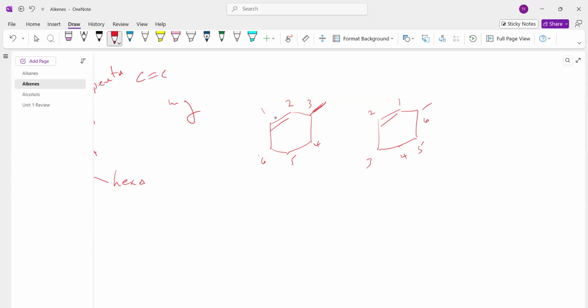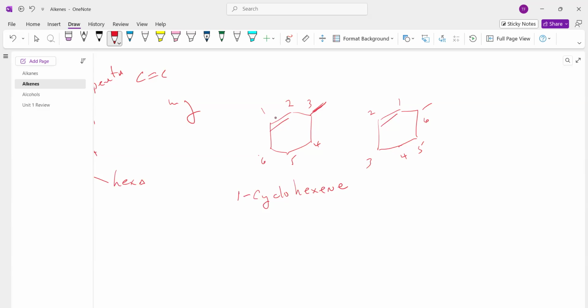Problem is, which is the numbering we're going to be using? In this one, and it's going to be 1-cyclohexene. If you don't put the 1 down, it's assumed it's on carbon 1. But for consistency, let's add 1-cyclohexene.